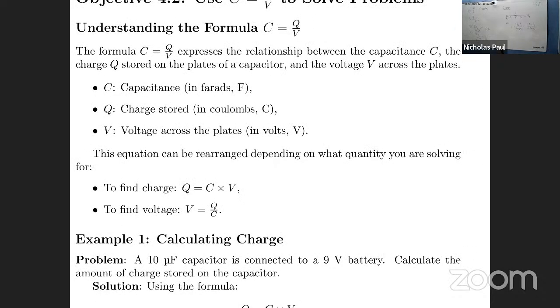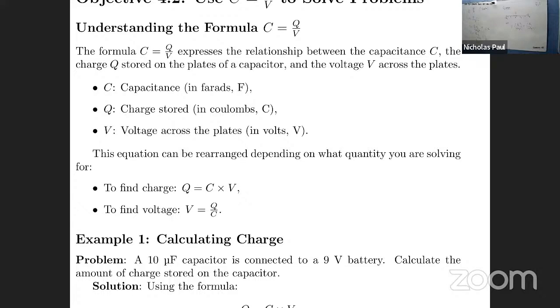I just showed you how to manipulate the formula. How do you find V? Pay attention: V is equal to Q over C.